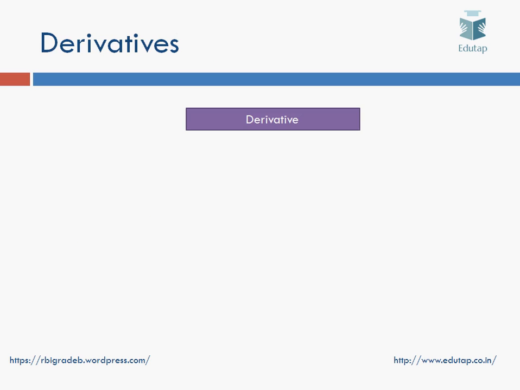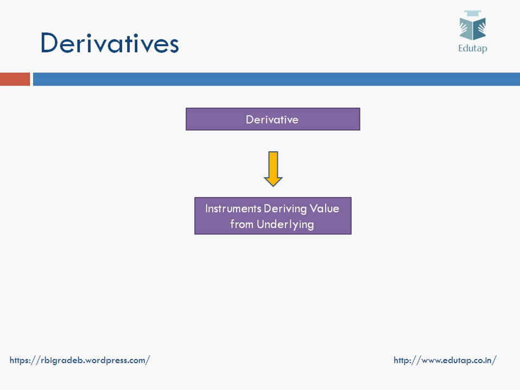Now since in the syllabus forwards are part of derivatives, we must discuss what derivatives actually are and how they differ from forwards. Derivatives are any instruments which derive their value from the underlying.